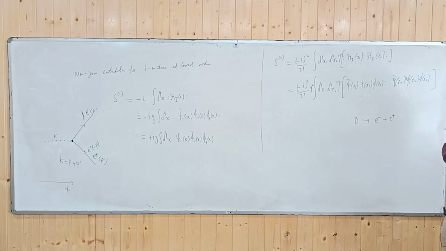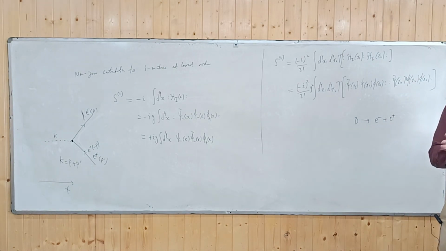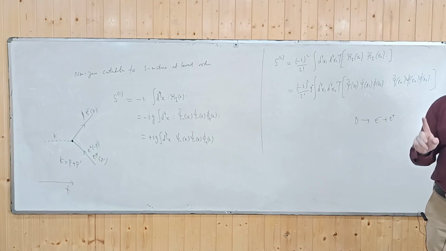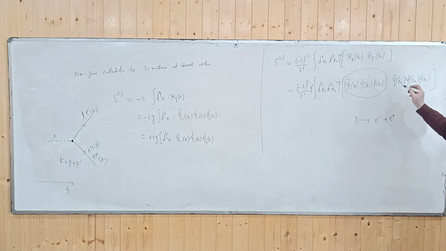Now for these 3 I have to apply Wick's theorem, Wick's contraction. In general terms, you need to pair up the fields to remove the additional fields. How many possible pairs are there of the remaining 3? There is only one possible pair. You can pair only 2 fields, one will be remaining. You can pair the fermion fields, which are of the same nature, and one field is additional.